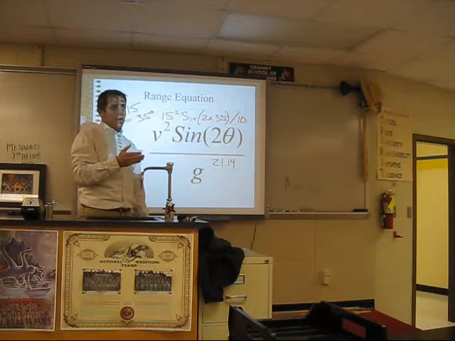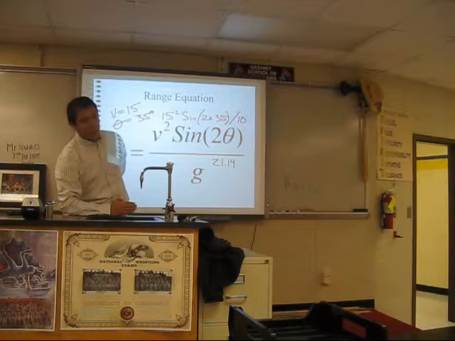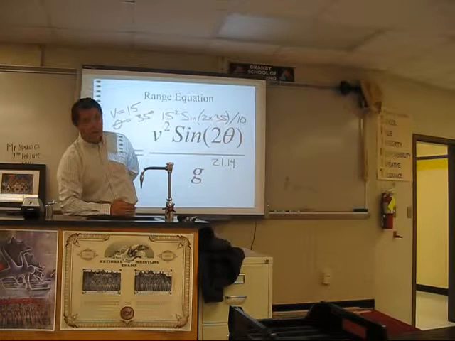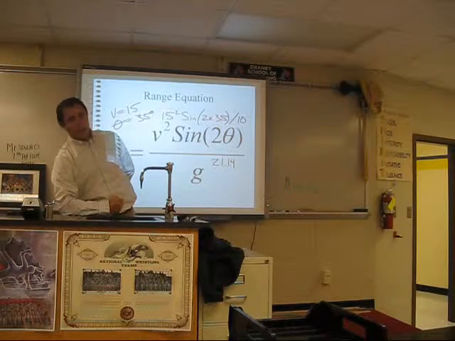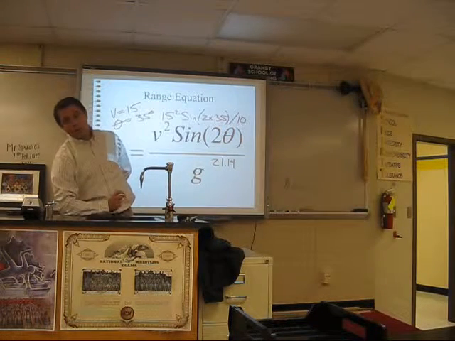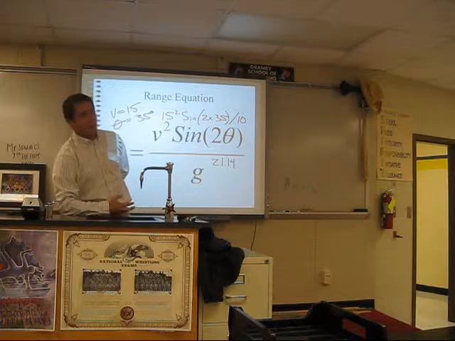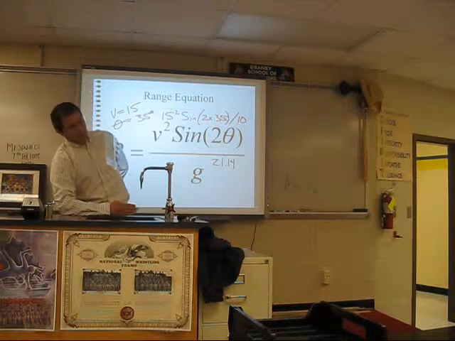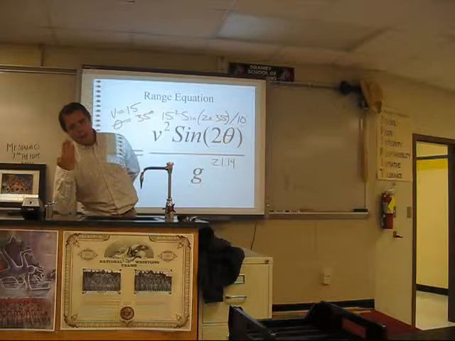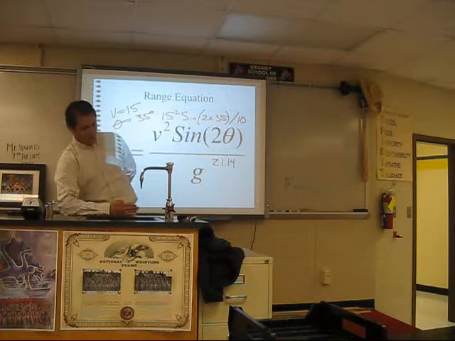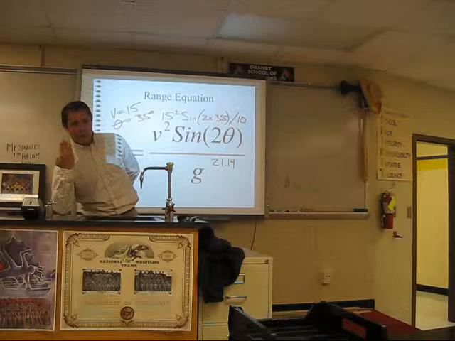If you had 0 degrees, the ball would never actually be in the air. There's no angle, so it would be immediately hitting the ground. Yeah, it would roll, but we don't count the roll part. If I went 90 degrees, it would go straight up and straight down. Again, the range would be 0. So at 0 degrees and 90 degrees, the range is 0.